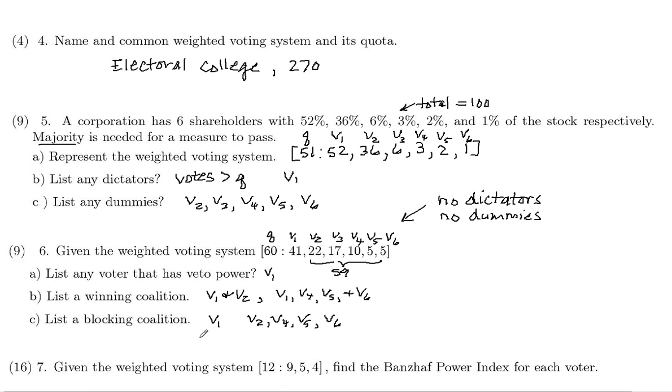Because see, this is 41 no votes. And then these guys added together, that was 42 no votes. So those are two examples of blocking coalitions. So I only asked for one, but I'm trying to give you more examples here.